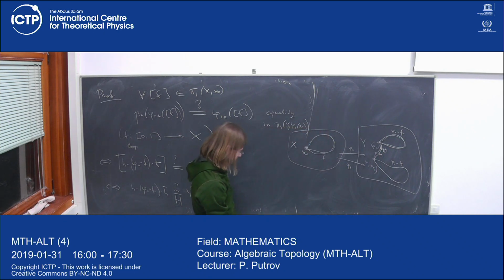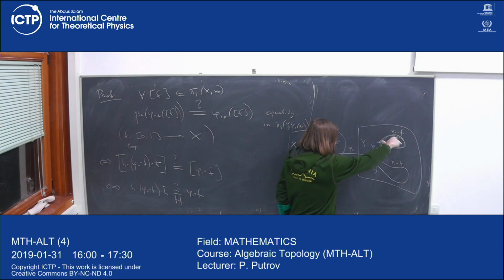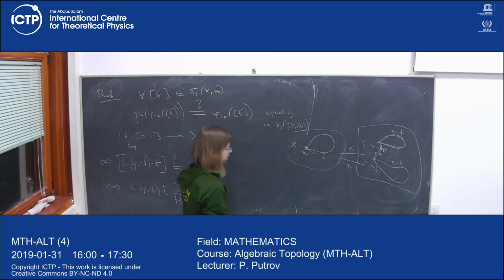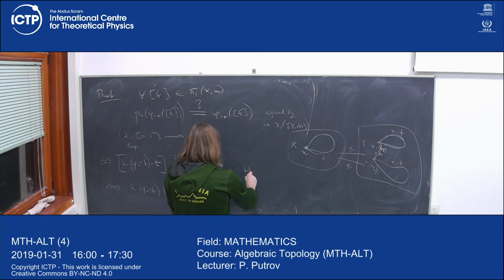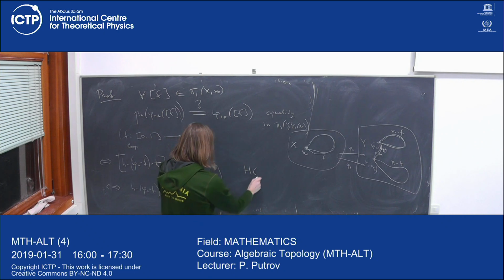We want to show a homotopy between these two loops, and it can be explicitly constructed by deforming the whole thing to phi 1 composed with f using my homotopy F. So let me write it explicitly.